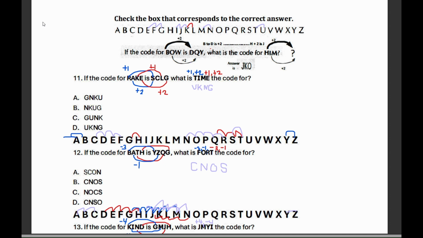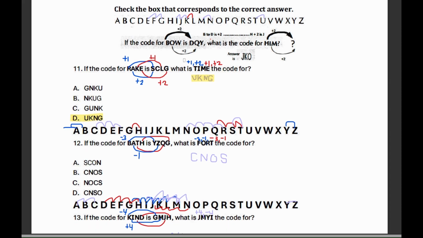All of the other options don't follow the alternating +1 +2 pattern. The answer is D, UKNG. The formula is apply +1 +2 +1 +2 to T to U, I to K, M to N, and E to G.